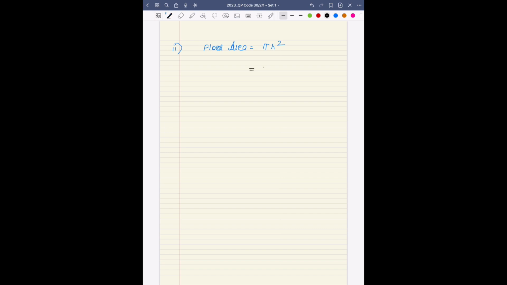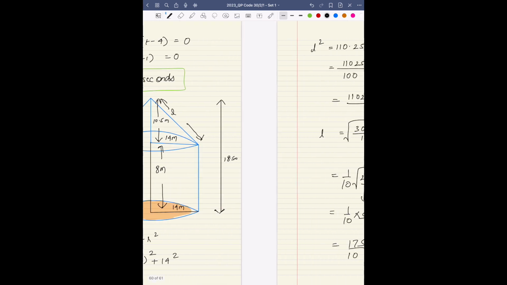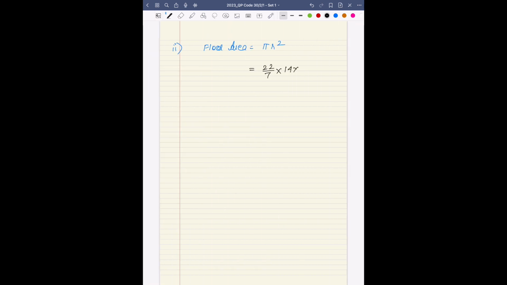Pi, let's take 22 by 7. I think they have given the value at the top. Use 22 by 7. Okay, 22 by 7 into what is radius? Radius is 14 square. So 14 times 14, cancel 1 2. 22, or let's call it 44 into 14. And you multiply, let's multiply.